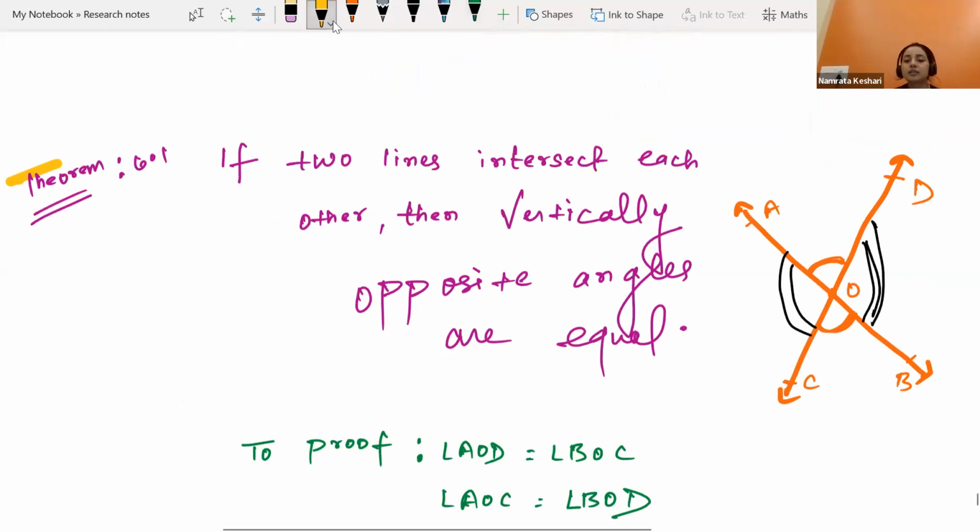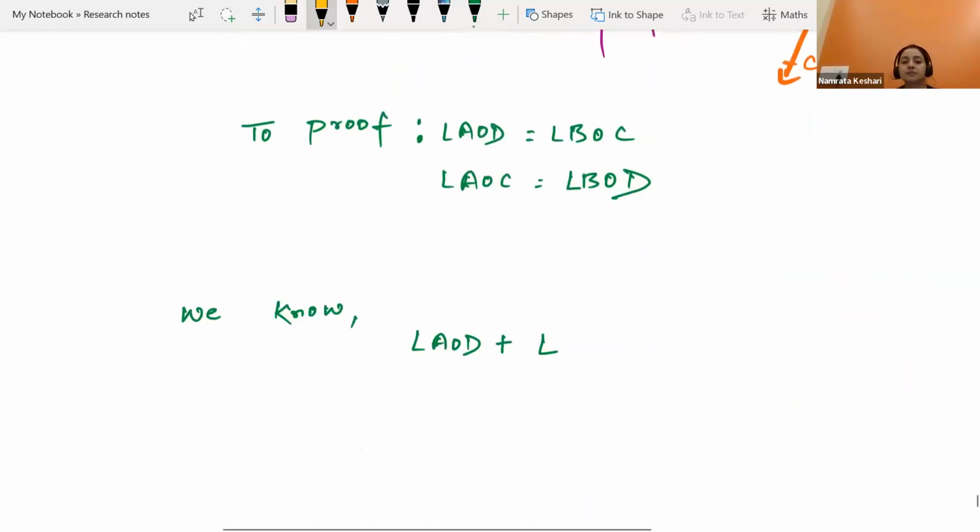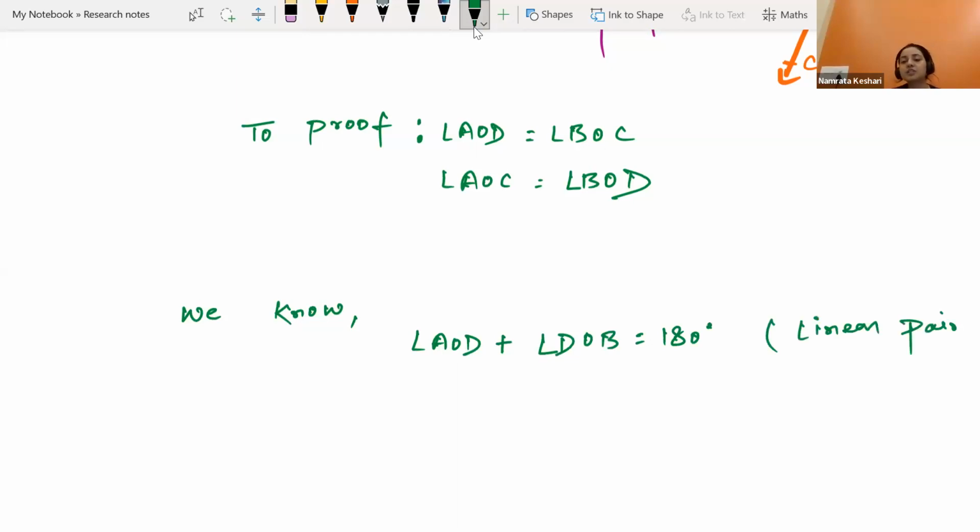You can check it, this angle and this angle added together will be 180. Yes or no? Because it's lying on one straight line. Yes, ma'am. We will write it as linear pair, because these two are adjacent and sitting on a straight line. Only this much explanation is enough.